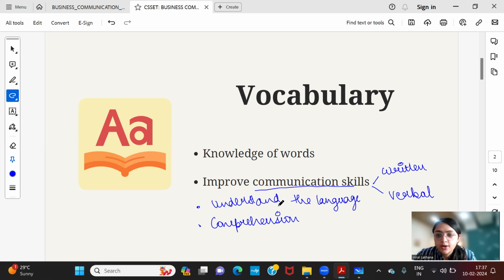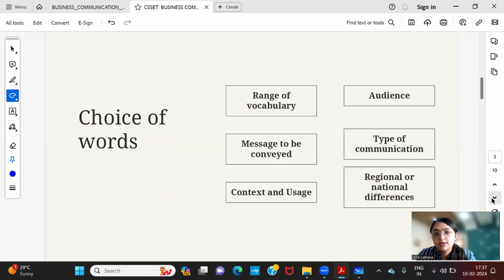To make sure we are using the vocabulary in the right way, we need to understand the choice of words that we have while we are communicating with any person. So how exactly should the choice of words be determined? Firstly, your choice of words will be determined by the range of your vocabulary.